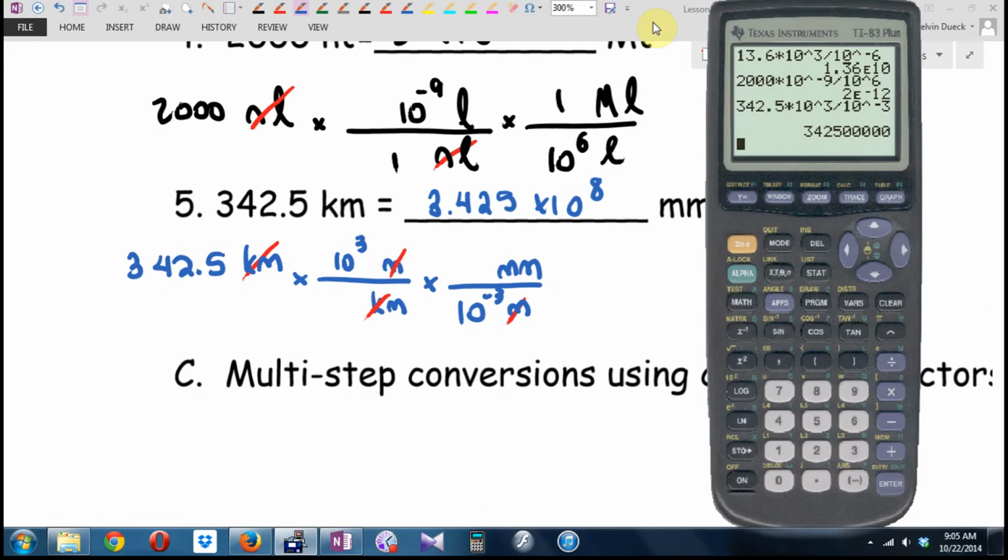Mr. Dueck? Yeah, Thomas? Shouldn't we actually always only be going to 1 sig fig in all of our answers? Because we're multiplying, and 10 has 1 sig fig. Ah, that's a brilliant question. Because the metric conversions are defined and exact, we don't use them in our sig fig calculations.